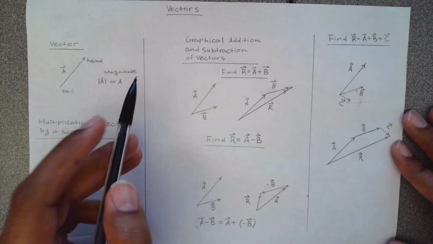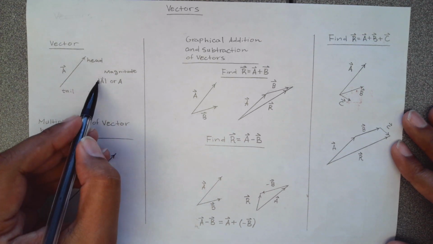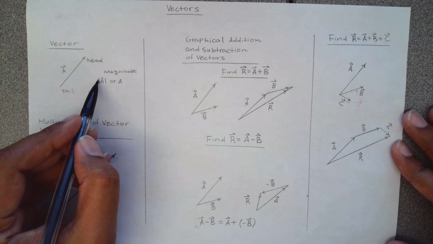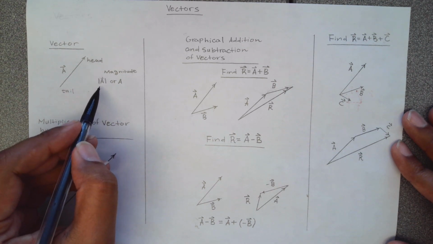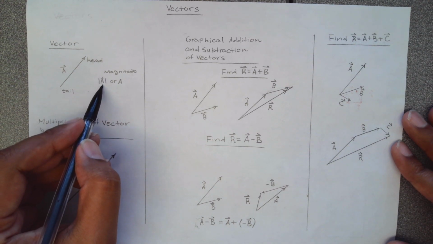Okay? The magnitude of the vector we can write in two ways. We put the vector A and put two bars, the absolute value symbol, around it. So we can write the magnitude of the vector A this way.